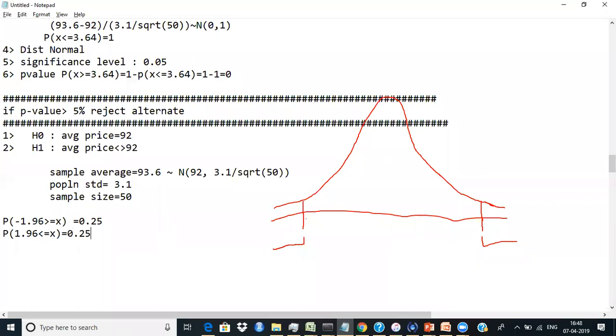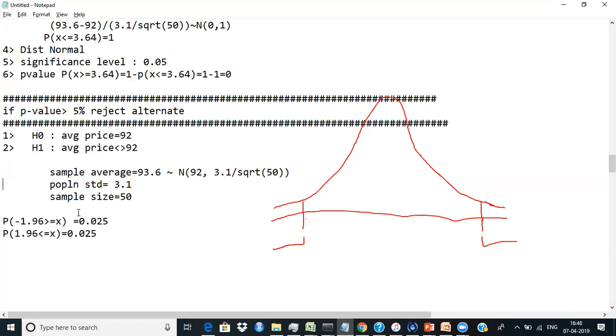All of you agree with this? Yes, sir, it's 0.025. Okay. Now I will go from the standard normal to the normal that I need. How do I do that? We know how to convert from any normal distribution to standard normal. I will just reverse that transformation.